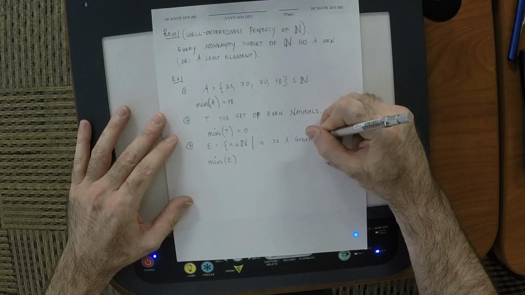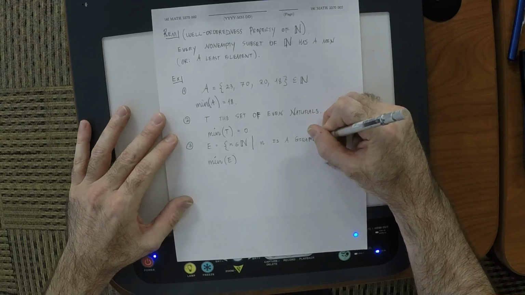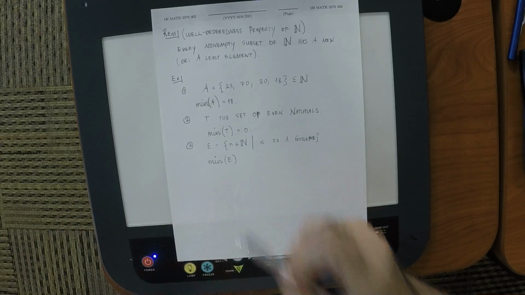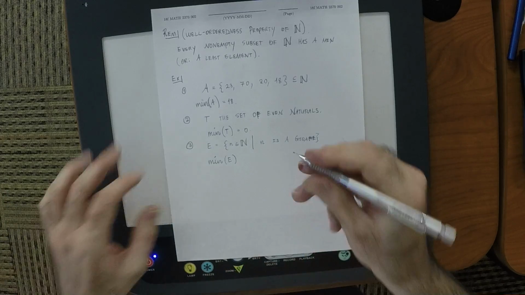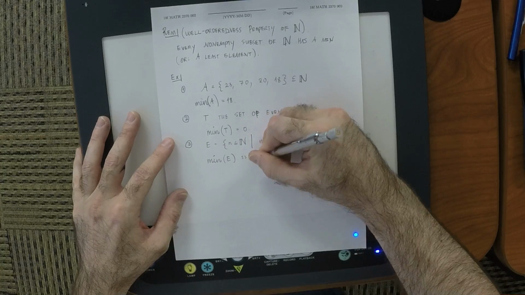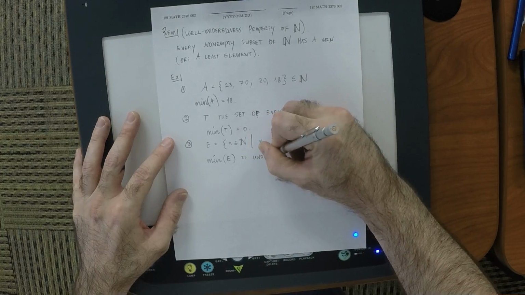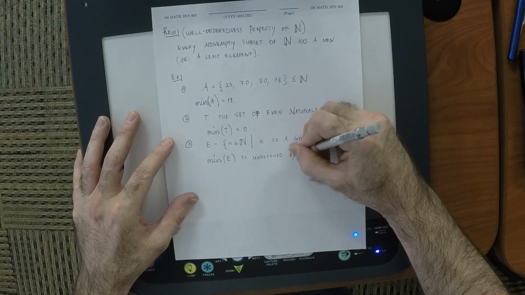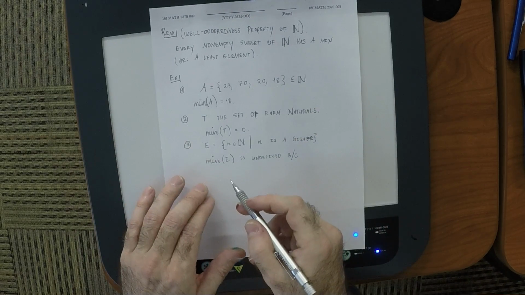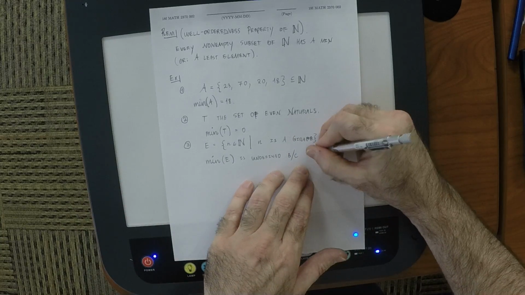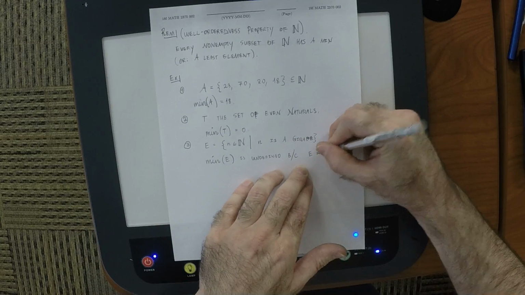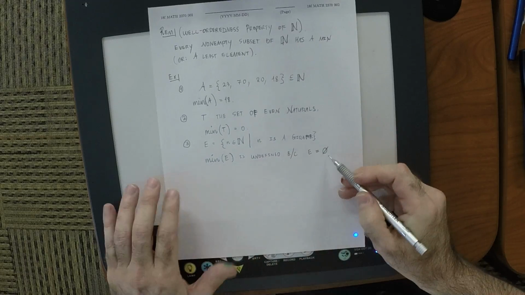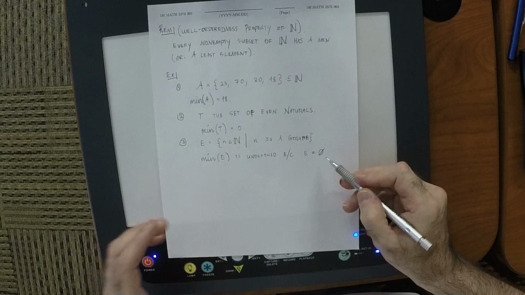I need another F in there or something. Something's not right about that. So this is undefined, right? This is undefined because why? Because E is empty. And the typical way to denote the empty set is with a capital phi, like that.